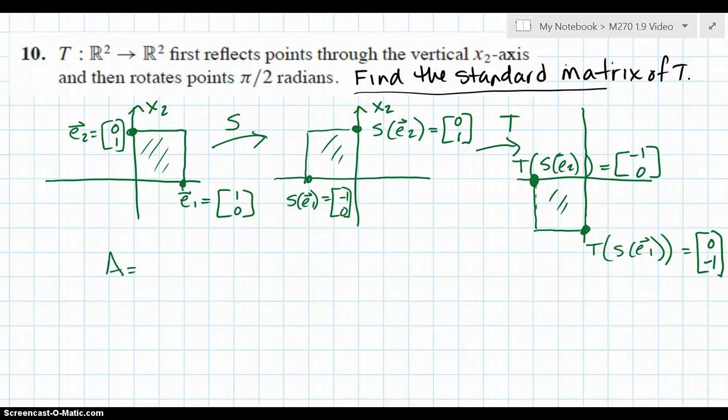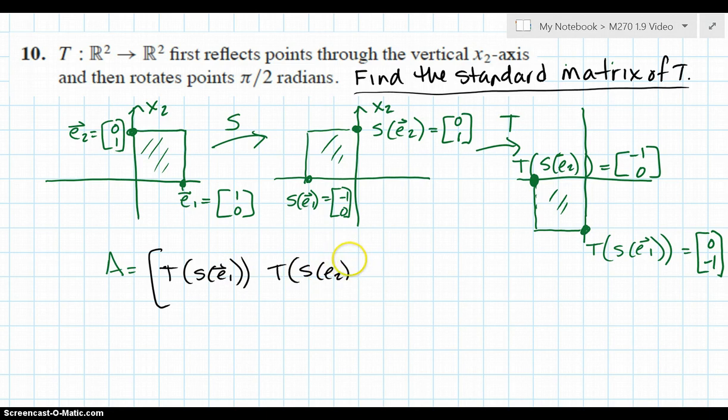So I added that here of T. So A is going to be T of S of E1 and T of S of E2. So that's what you do when there's more than one. So A, in our case, is going to be, E1 would be 0, negative 1, and E2 would be negative 1, 0.